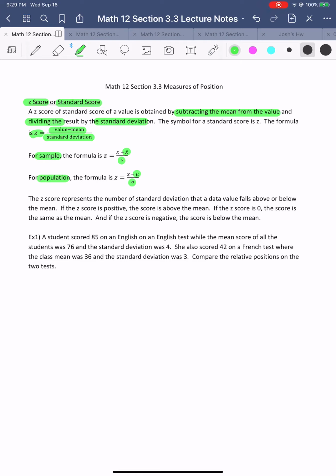If the z-score is negative, the score is below the mean. Now, when we use the mean and the standard deviation in the normal distribution, this is what it looks like.